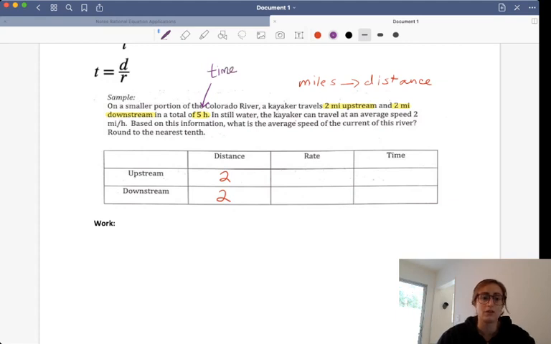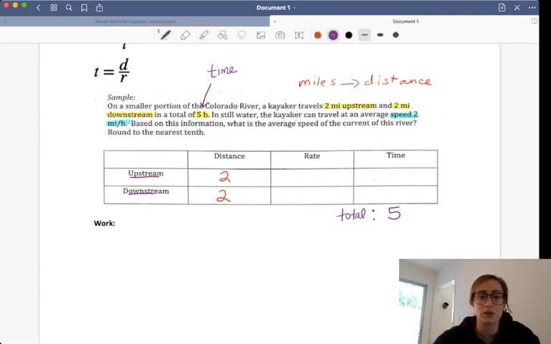Okay, now if I look here, we have upstream, we have downstream. I didn't make a column for total, so I'm just going to put over here that the total time is going to be 5 hours. Okay, now here's where it's going to start to get a little bit tricky. In still water, the kayaker can travel at an average speed of 2 miles per hour.